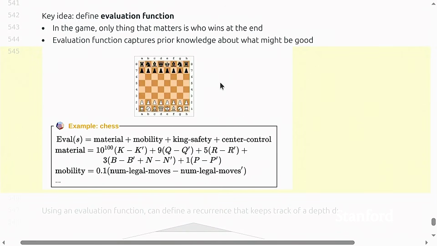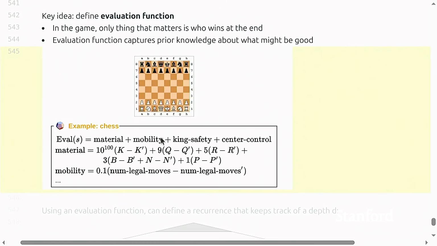So in the case of chess, here is an example of a type of evaluation function you might have. In general, the evaluation function is going to be a sum of different terms. Each term captures some intuitive property. Think about it as a feature if you want. So you want a lot of pieces. That's material. You want mobility, to be able to move.